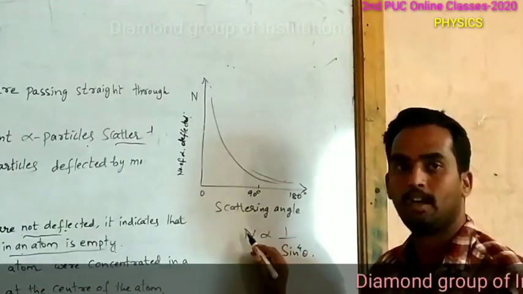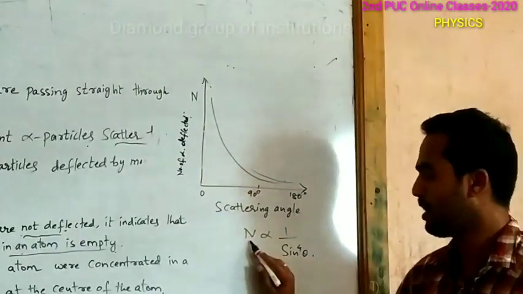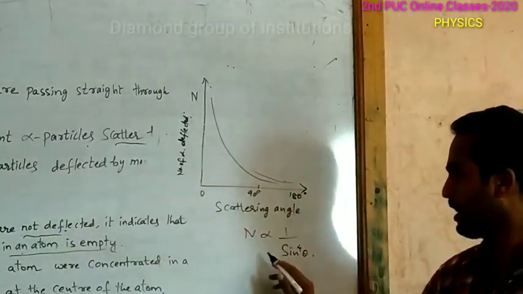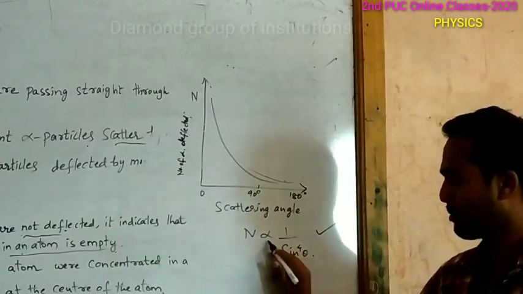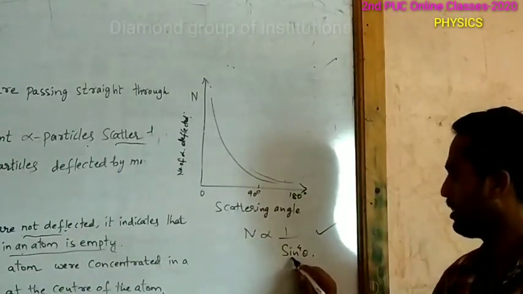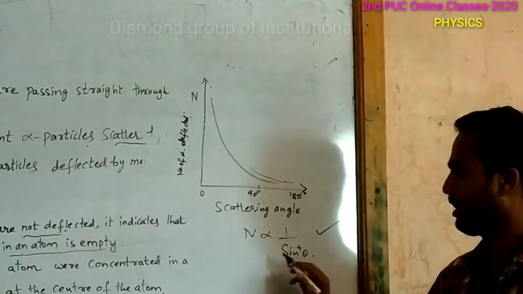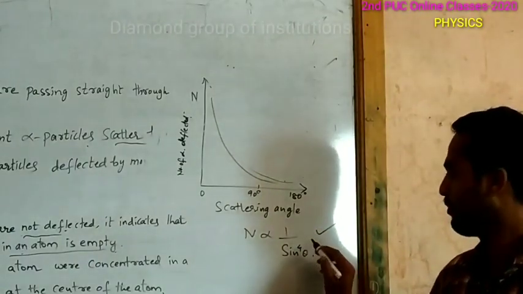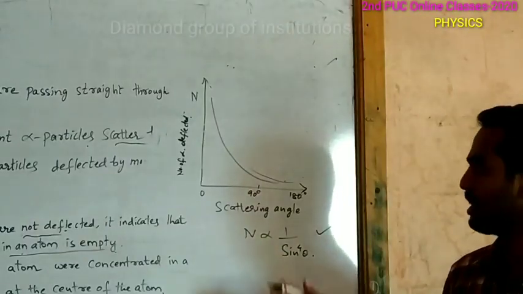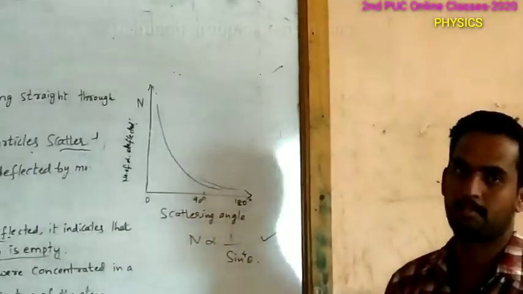So you can write the relation between the number of alpha particles deflected and the scattering angle as N proportional to 1 by sin^4(theta/2). This is the relation given by the experiment.